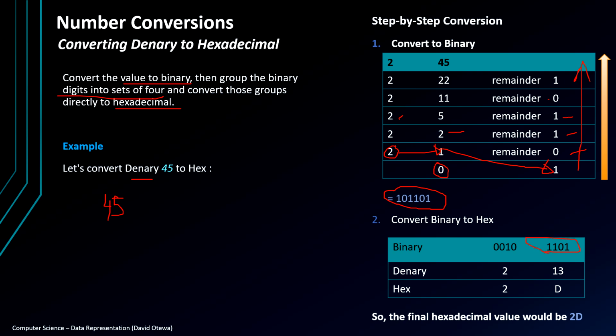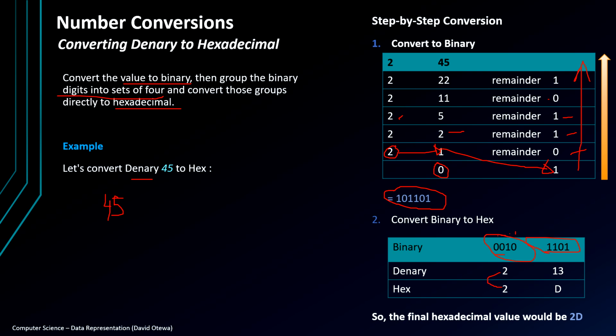Then there was 10, and as we discussed, if this is only 2, we add extra zeros to make it 4 digit, 4 bit rather. Now this one is 2 because if you use 1, 2, 4, 8, so it's only 2. So 2 in binary is 2 in hexa.